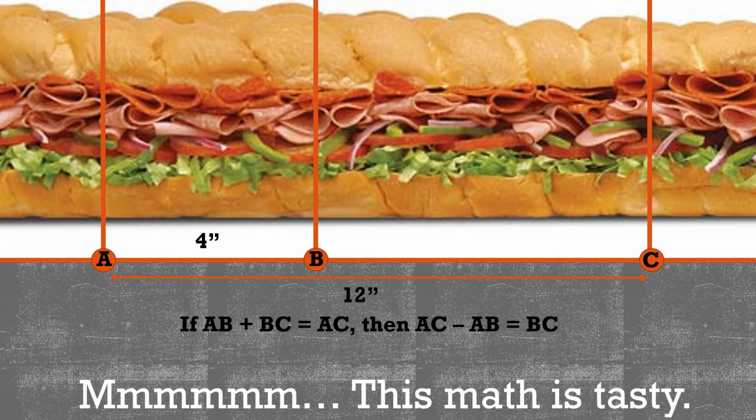If the length of AB plus the length of BC equals the entire length of AC, then we can also say that AC minus AB equals BC because of our math properties that we already know. Therefore, if 4 inches plus X equals 12 inches, then 12 inches minus 4 inches equals X. And we could find out that the length of B to C, or our X value, is 8 inches.